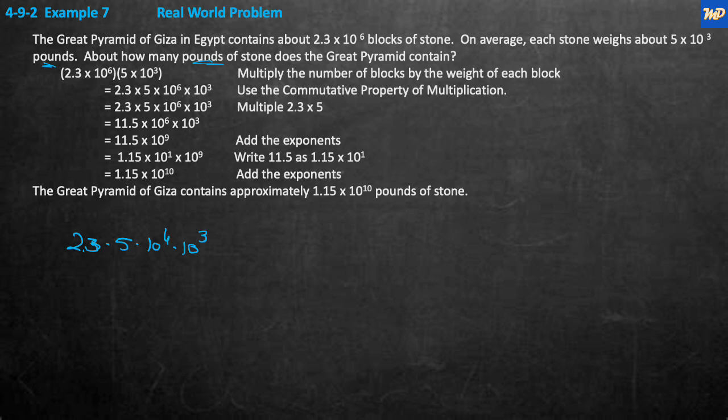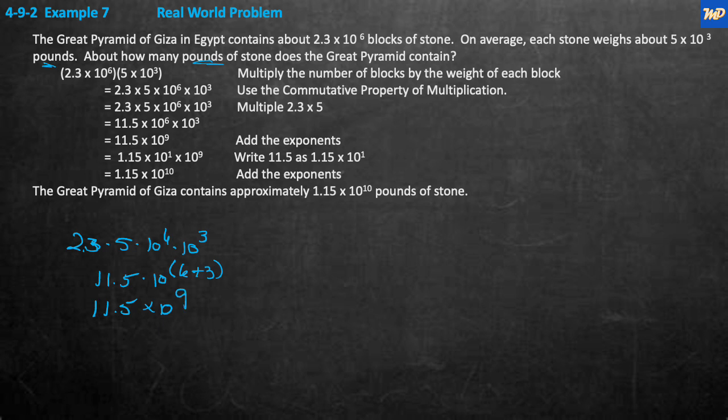I don't know. 11.5. So 11.5, I cheated. I went up and looked at my answer. 11.5 times 10 to the 6th plus 3. So it's 11.5 times 10 to the 9th.